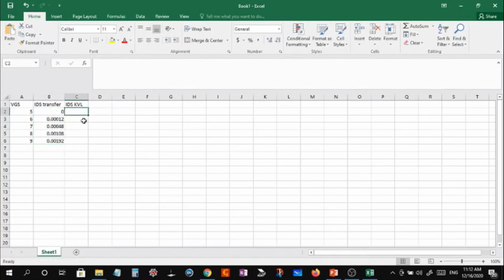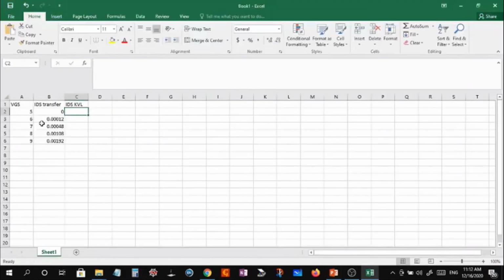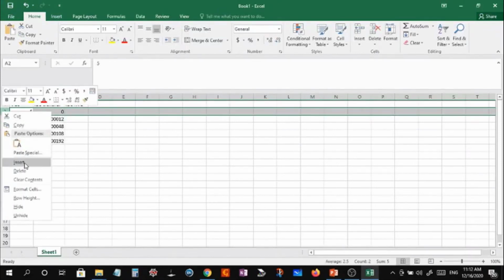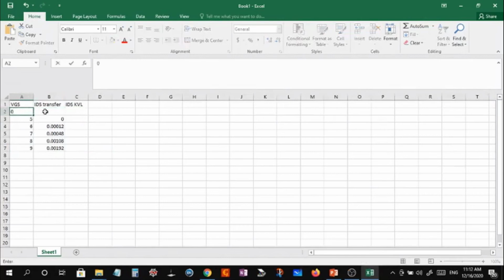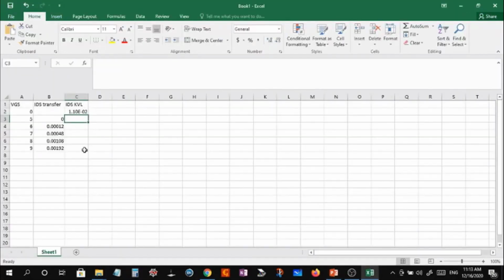For the KVL, we have calculated just now: when VGS is 0, ID is 10.98 milli, and when ID is 0, VGS is 9. So you can plot this graph.